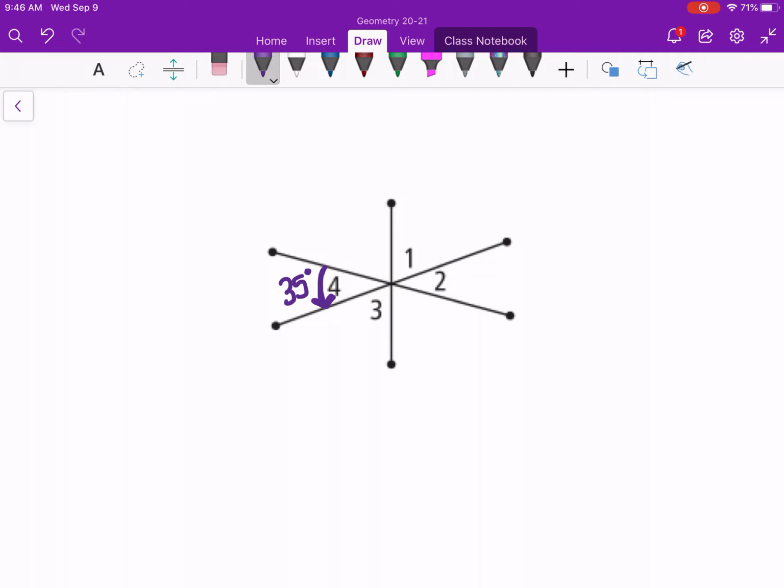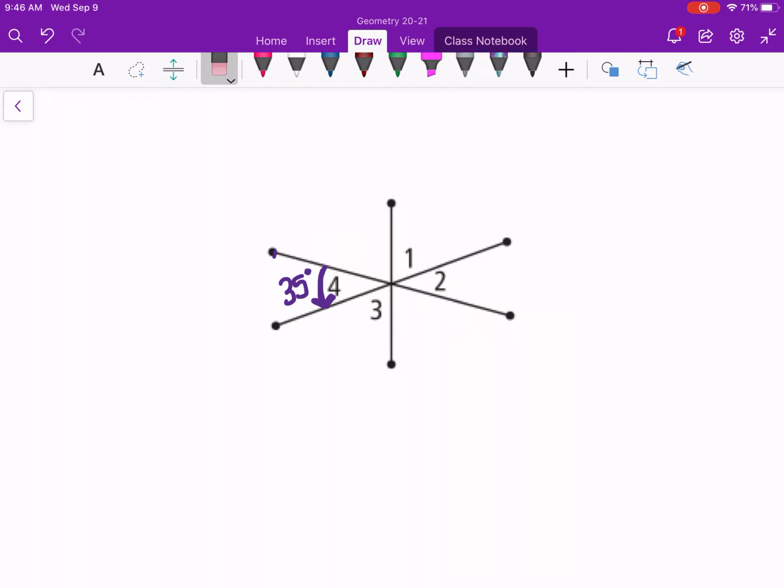Again, I can pick this line right here, and not only does this angle plus this angle plus this angle equal 180, but the other side as well. This angle plus this angle plus this angle equals 180 as well.